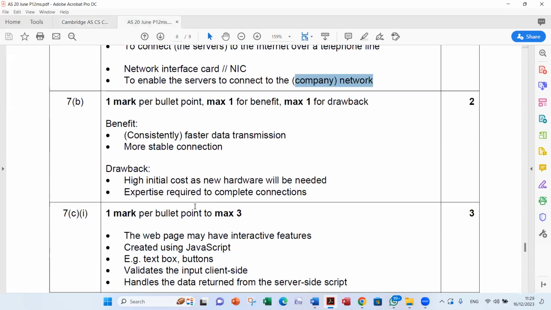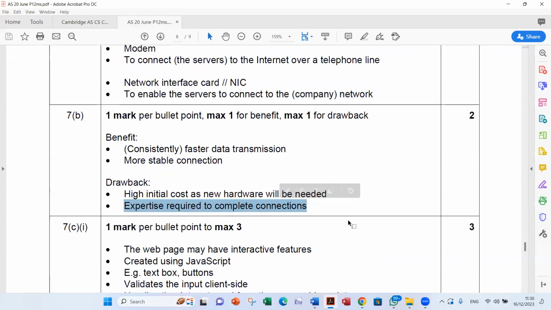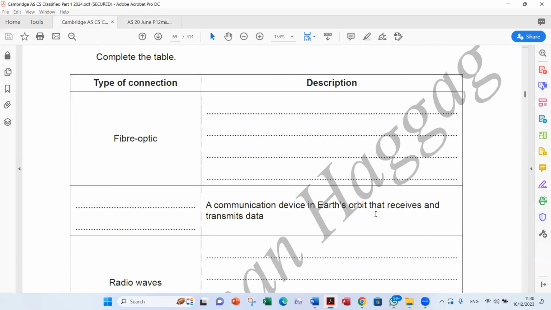So, benefit: faster transmission, more stable connection. Drawback: high initial cost, new hardware will be needed, expertise required to complete the connection. Okay? So that was a question.